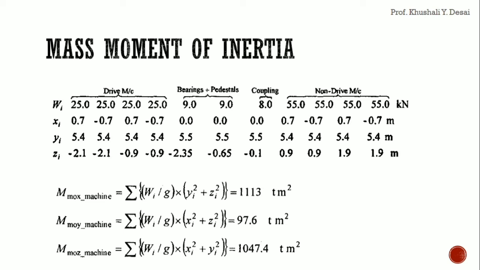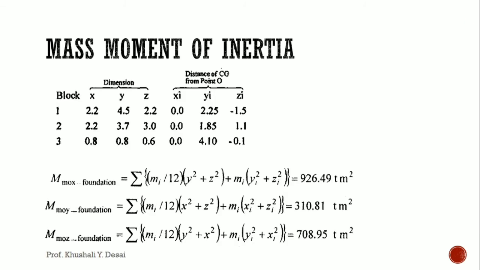Now, as you already know, moment of inertia is area into distance square. Similarly, mass moment of inertia is mass into distance square. In order to clear this concept, you may refer to some good reference books on the topic of mass moment of inertia. So these are the three values corresponding to x, y, and z. Similarly, the mass moment of inertia for the foundation can be found as per the following equations.